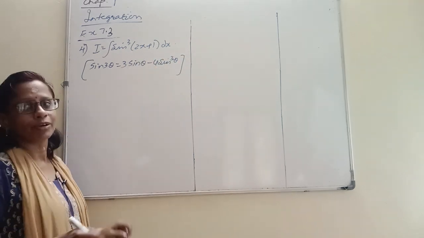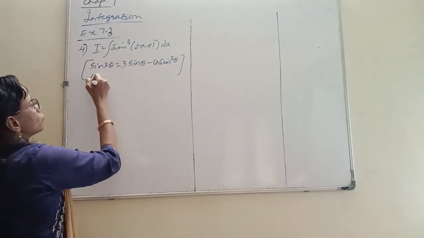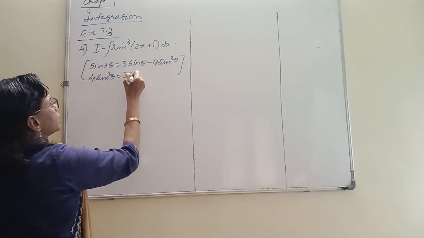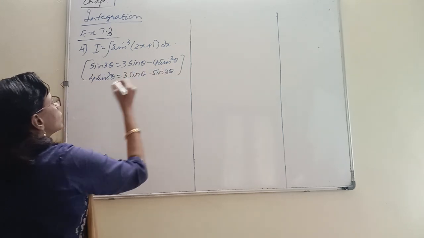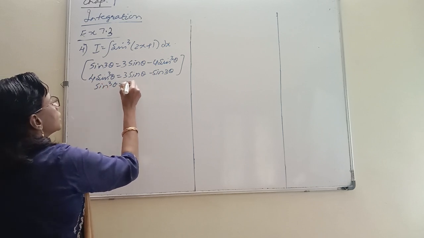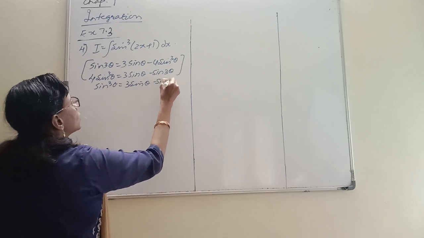And this sine cube we are going to treat and get this. If we take it to the other side, 4 sine cube theta becomes 3 sine theta minus sine 3 theta, or rather sine cube theta is going to be (3 sine theta minus sine 3 theta) over 4.